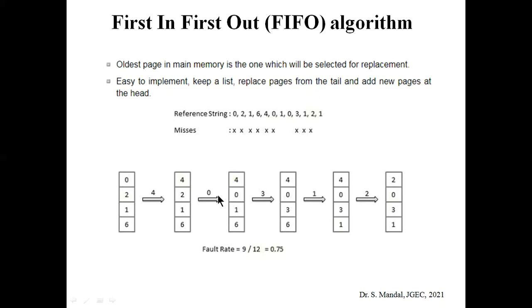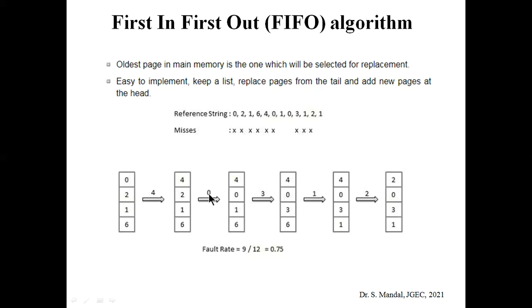So obviously 0 will be replaced. At this location 0 has been swapped out and 4 has been introduced, so ultimately we get the main memory like this: 4216. Now coming to the next page, which is 0. 0 is not loaded in the main memory, so there is a miss, which we indicate by a cross.